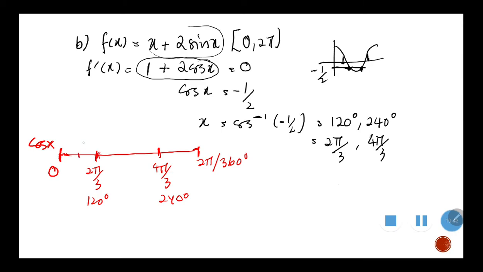Cos 60 in the first quadrant is positive. So we have positive here, and then in between 120 and 240 degrees, maybe the easiest one is 180 degrees. Cos 180 degrees, press the calculator, you will get negative 1.